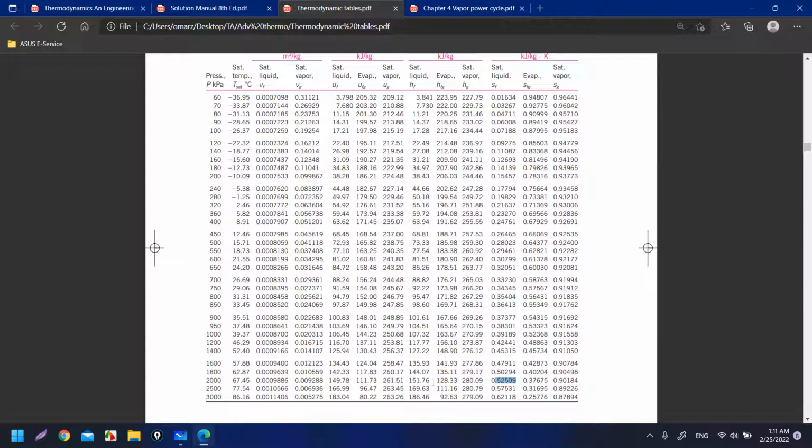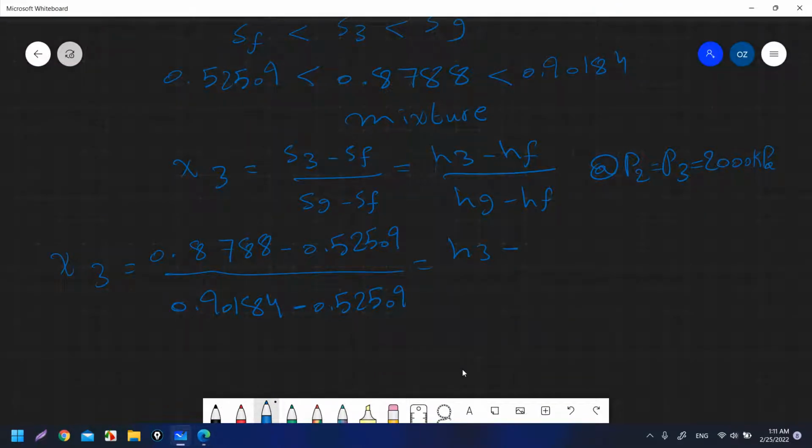So these numbers: HF is 151.76 and HG is 280.09. So let's write them: 151.76, and HG is 280.09 minus 151.76. So the quality will be 0.939.